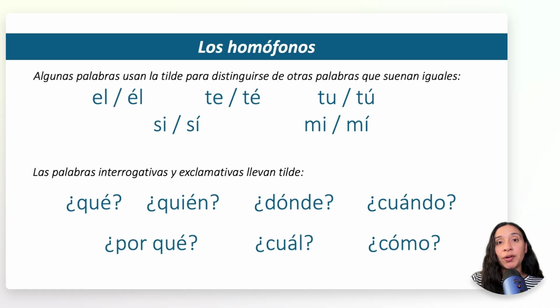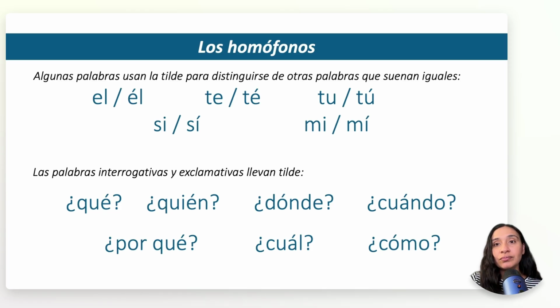Yeah, so another thing that is important about learning where the stress goes, or what the tilde means, is that in Spanish we have what is named los homófonos, and those are basically two words that are written similarly, like they have the same spelling, but because of the stress mark, the meaning is different, right?